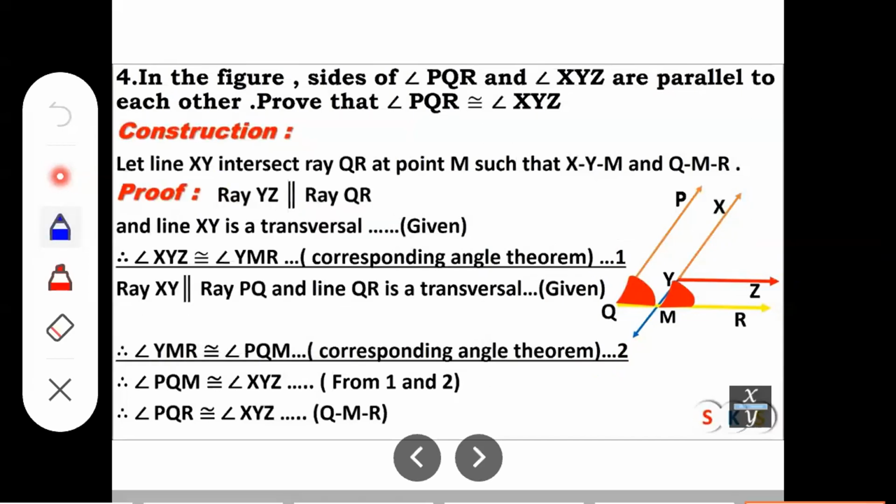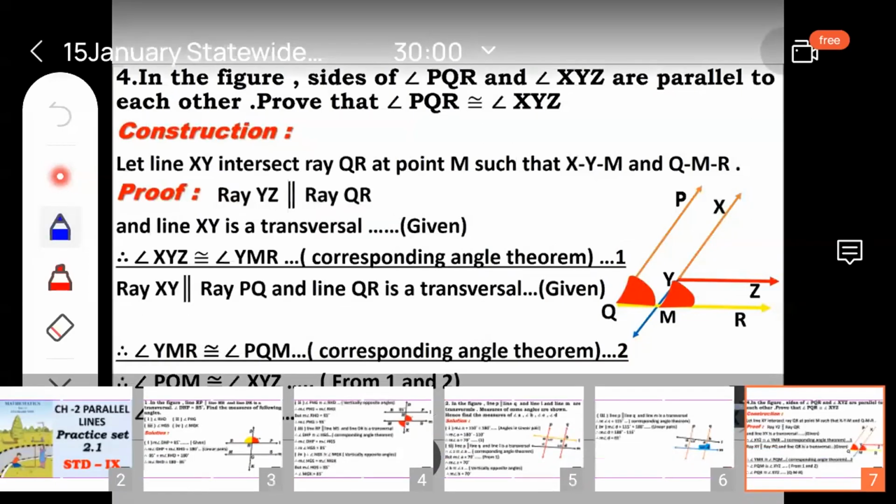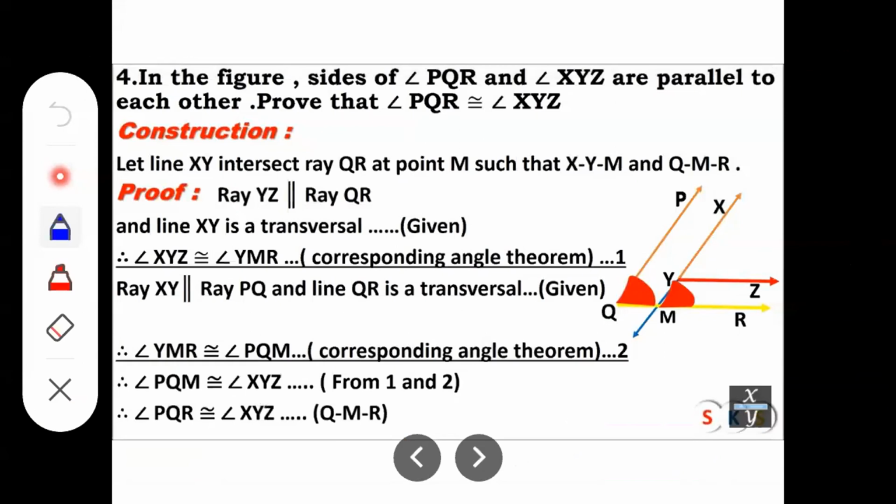So for the second one, this is the pair of parallel lines: XY is parallel to PQ, and line QR is a transversal.